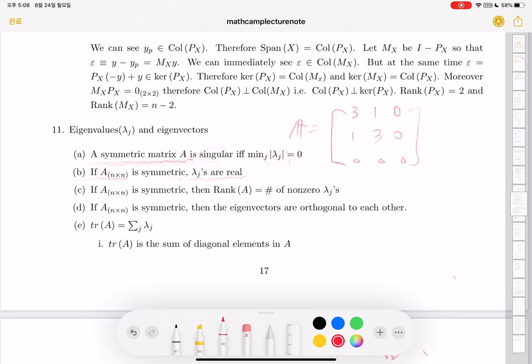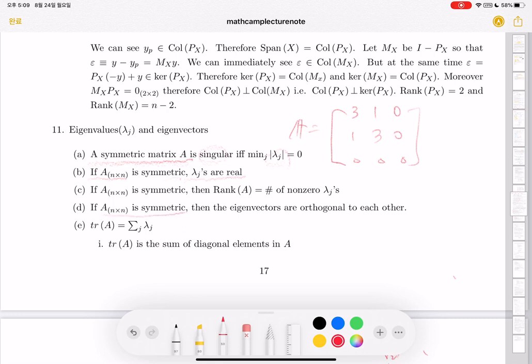So what you can expect is that the eigenvalues of A are real, and there will be 3 eigenvalues, and one of them is 0. So compute the eigenvalues.